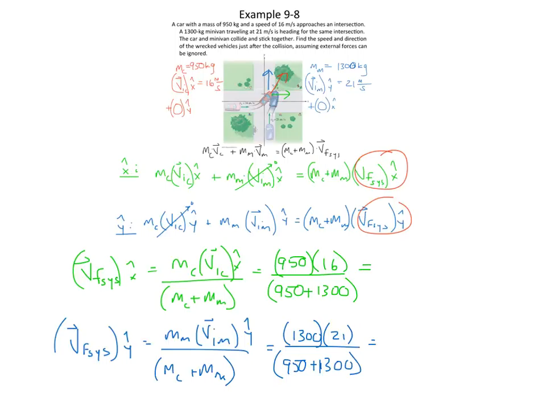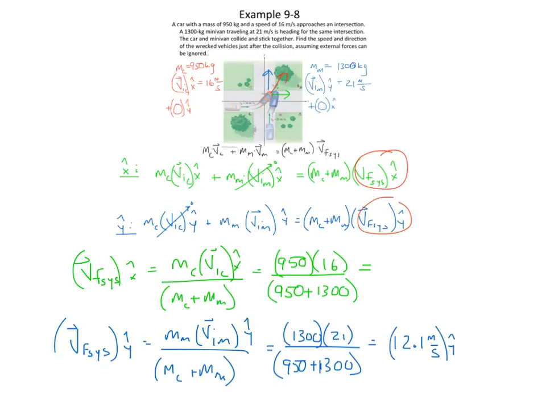All right? Let's find our V final in the y. So I've got 1,300 times 21 divided by the sum of 950 plus 1,300. I get 12.1 meters per second y hat that system is moving. All right, how about in the x direction? Well, let's see.